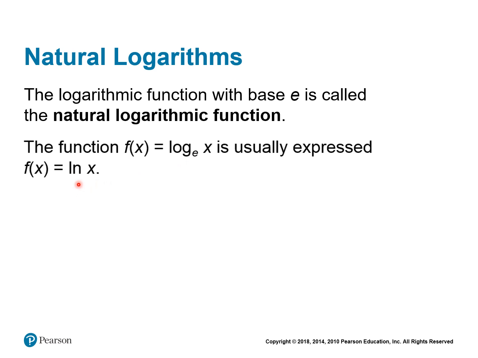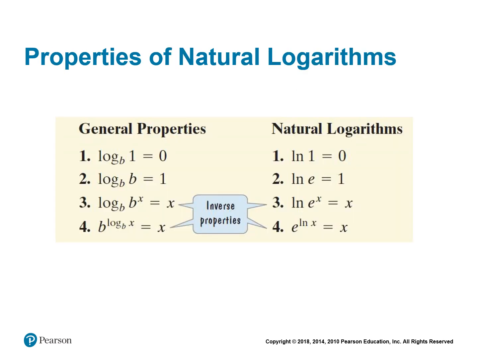Whenever you see an expression as ln of x, just know that it means a logarithm whose base is e. Let's see here how the properties of natural logarithms compare with the general properties this time.